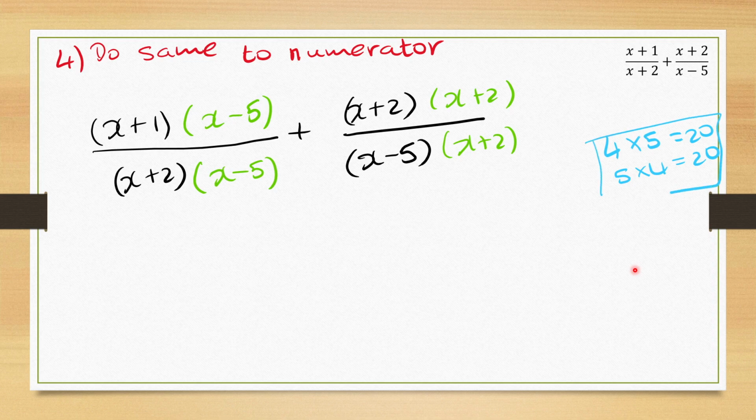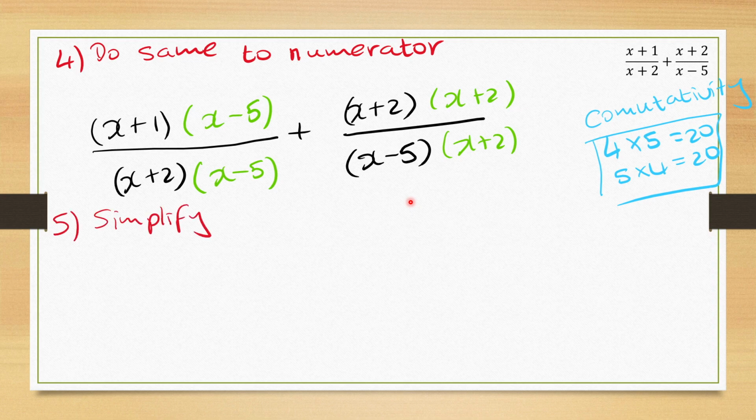In maths this is called commutativity. It just says that when two numbers are being multiplied together, it doesn't matter which order they're multiplied in, they will still give you the same answer. So it's the same thing for me to write down this x plus 2 in front or behind, it doesn't really matter.